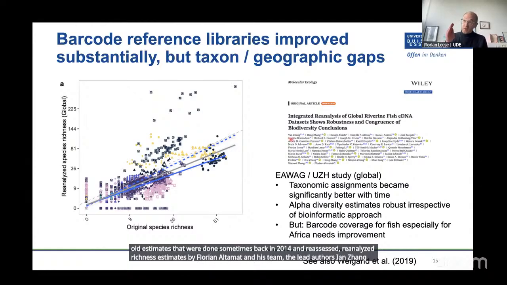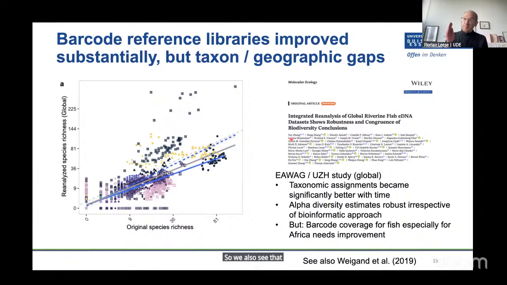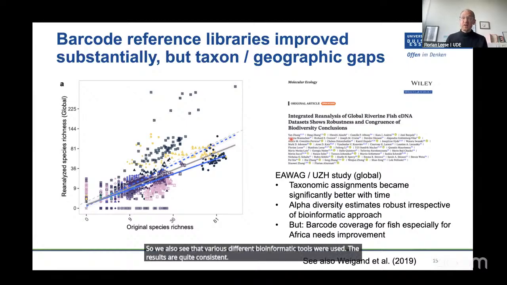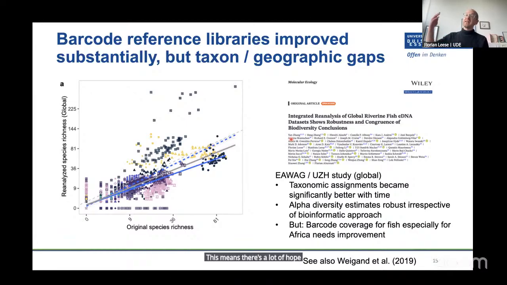So we also see that various different bioinformatic tools were used. The results are quite consistent. This means there's a lot of hope despite the need to further improve reference databases.